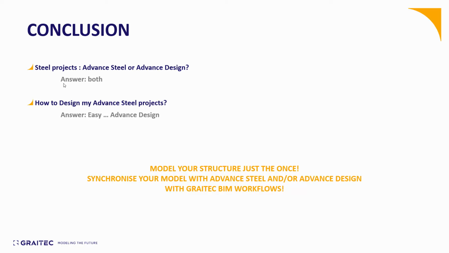Again, as a main conclusion, how you can code check or design your steel projects, the easy answer based on this webinar and the tools and features that we saw here is Advanced Design. So actually, using this workflow, you will just need to create your geometry once. And using this synchronization option, you can always send it back and forth between Advanced Steel and Advanced Design.